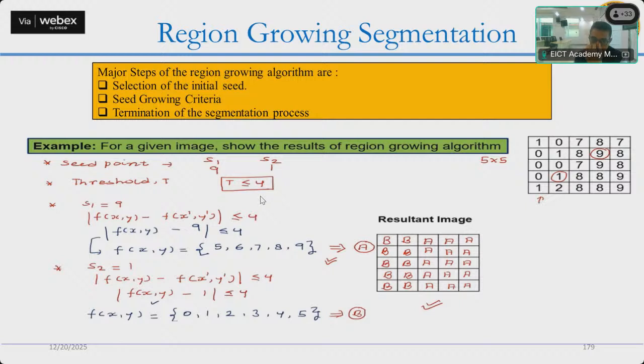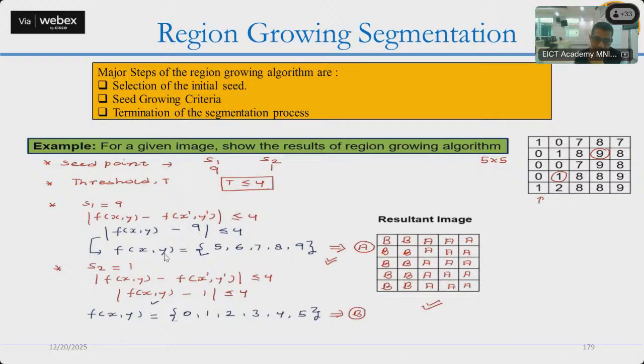For example, we are able to differentiate the points which are less than 4 and which are greater than 4. When we take f(x,y), this point 9 is greater than 4.